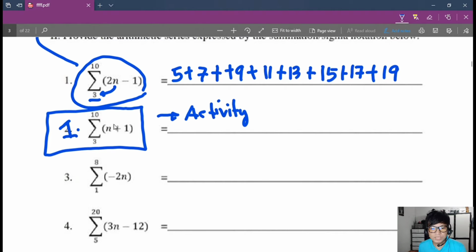You're going to answer this one using any paper, pero mas maganda kung bond paper. Isulat nyo doon yung sagot nyo, your solution, like this one. Then, you're going to scan using the cam scanner. I hope lahat kayo naka-download na ng cam scanner.